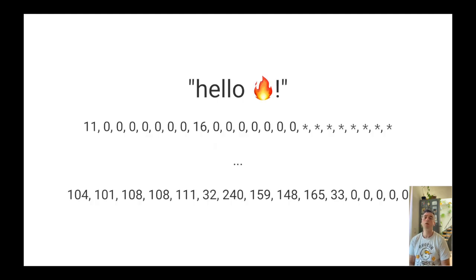All right, so let's see. Hello fire exclamation mark looks as following. We have 11 followed by 7 zeros, which is the length of the string in bytes. We have 16, which is the capacity of the region where we stored the text.